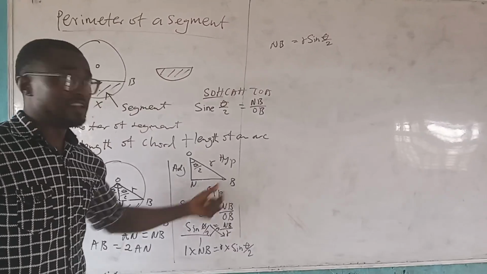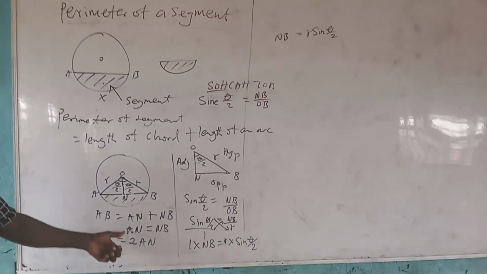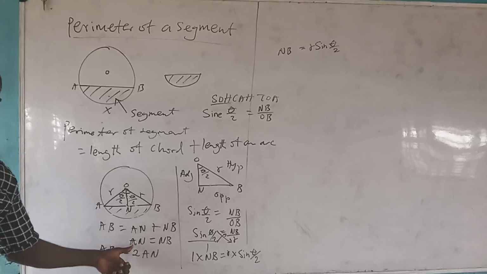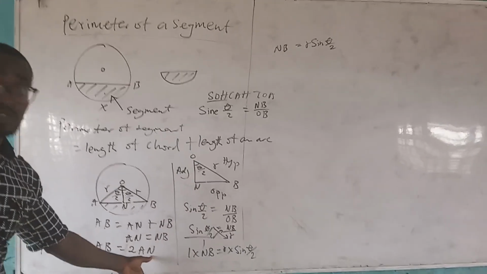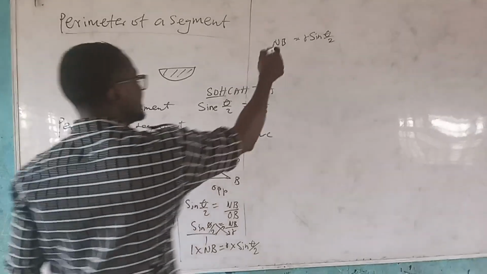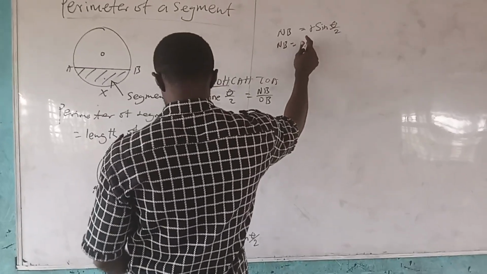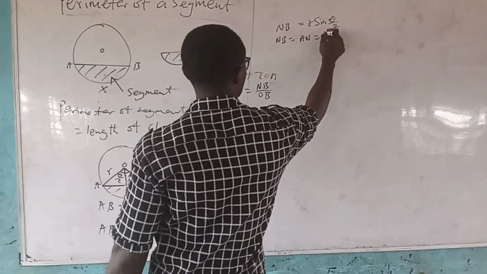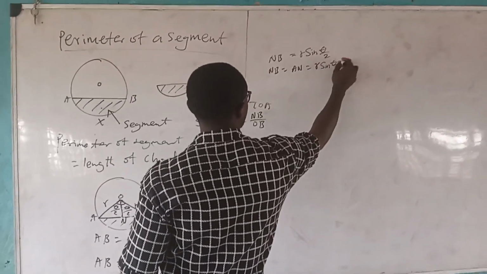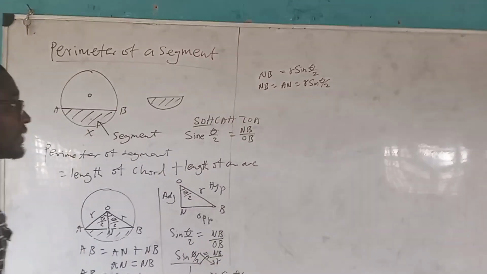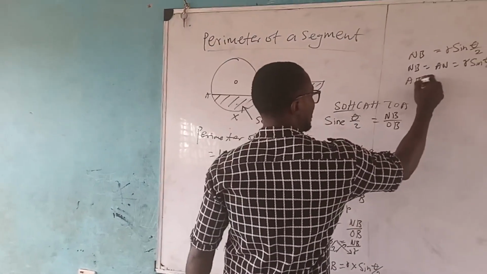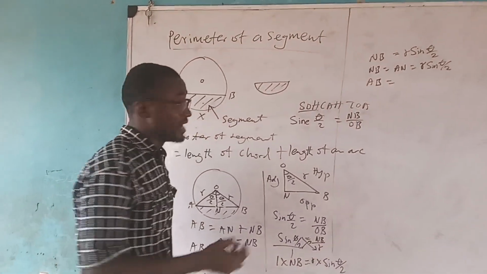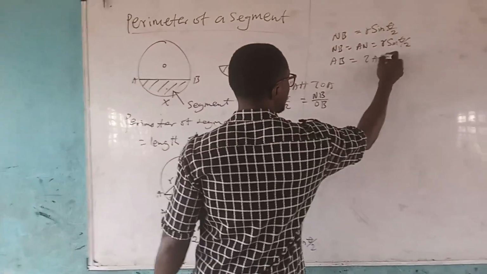So we have found the value of this distance NB. And remember I told us that NB is equal to AN, and the same thing as AB is equal to 2 times AN. So since NB is equal to AN, and those are equal to R sine theta over 2, invariably our AB is equal to 2AN.